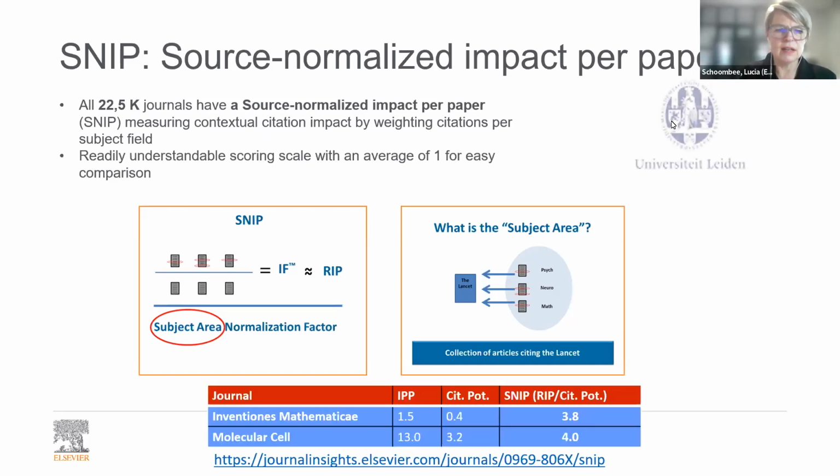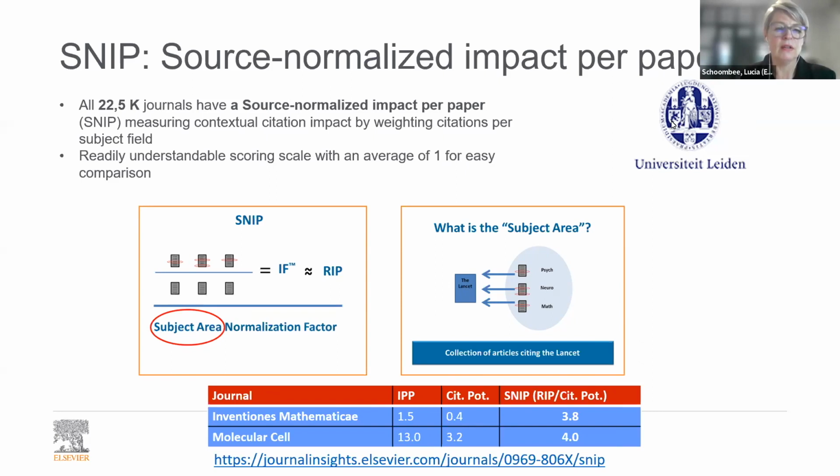So this is shown here at the bottom. You can see the impact per paper, and the citation potential, so what you would expect those publications to be cited at that subject level. For Inventiones Mathematicae, the actual impact per paper is 1.5, the citation potential 1.4, and the SNIP metric then 3.8.